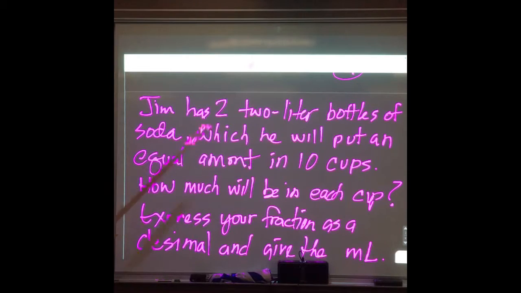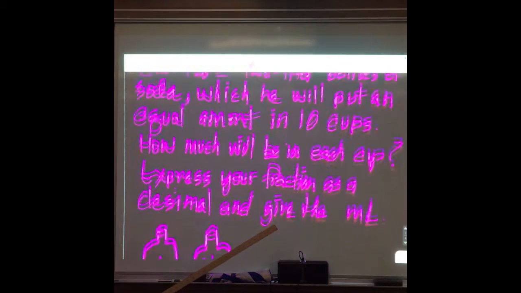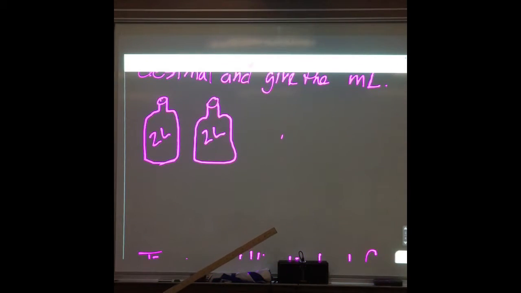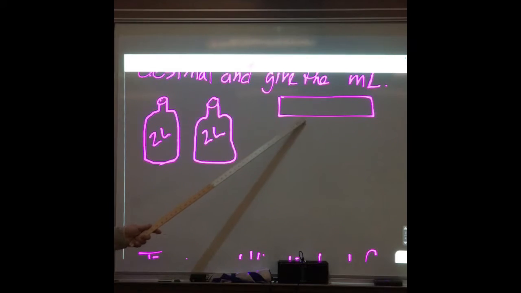Now let's see what this says. Jim has 2-liter bottles of soda, which will be put into equal amounts into 10 cups. How much will be in each cup? Well, first off, how many liters are we talking about here? What's our top number going to be in our tape diagram? 4. I've got 2 liters here and 2 liters here, right?